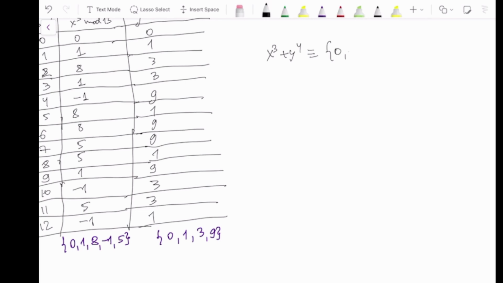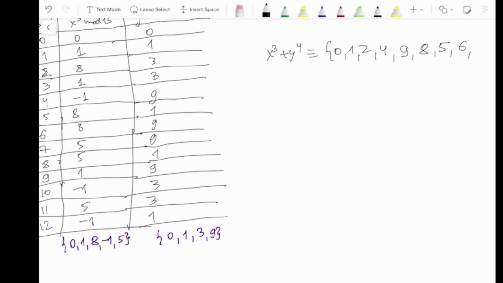So it would be 0, 1, 1 plus 1, 2, minus 1, so it would be 3 plus 1, 4, of course it's 9, 8, 5, then of course 6, 5 plus 1, 5 plus 9, it will be 14, which equals 1.